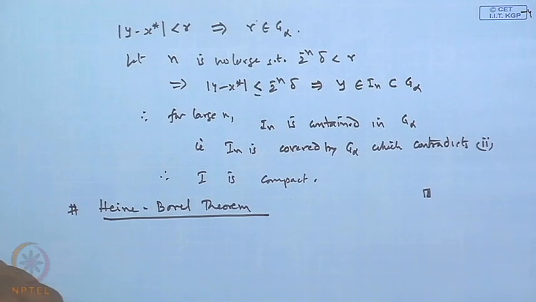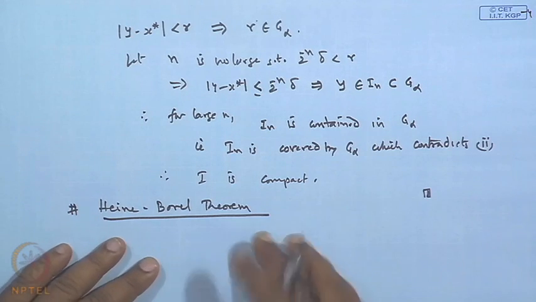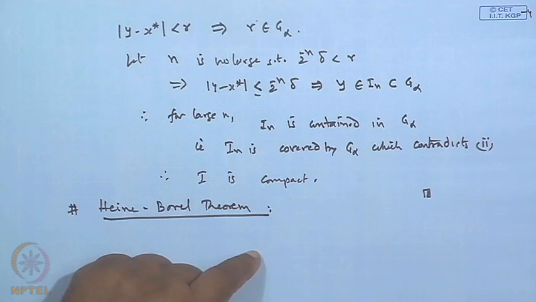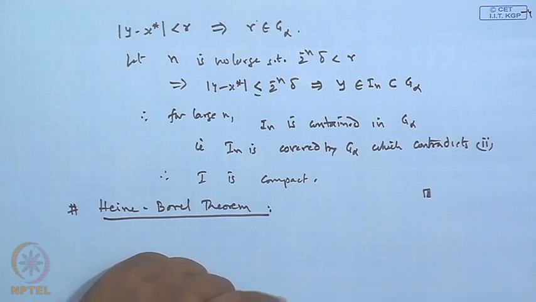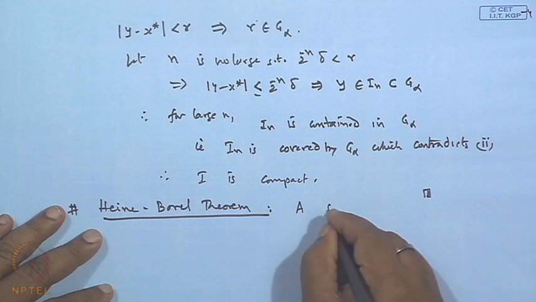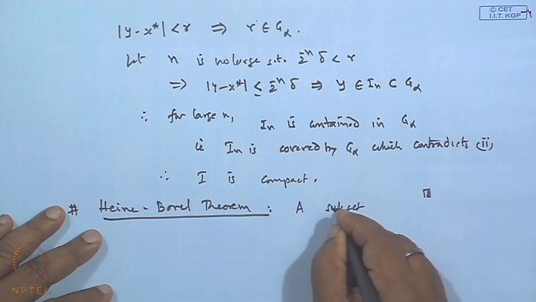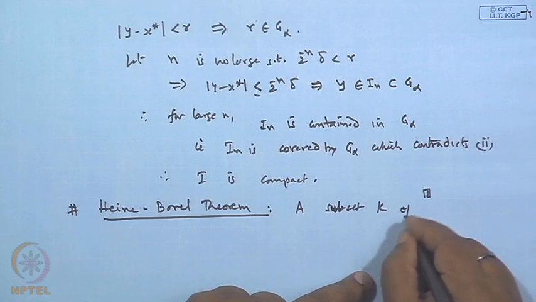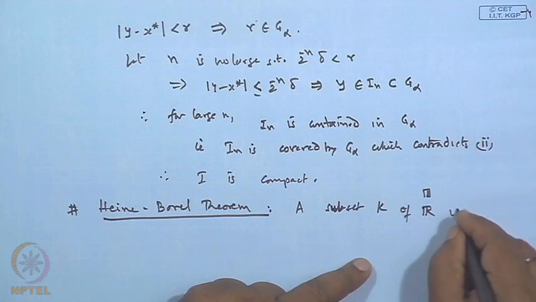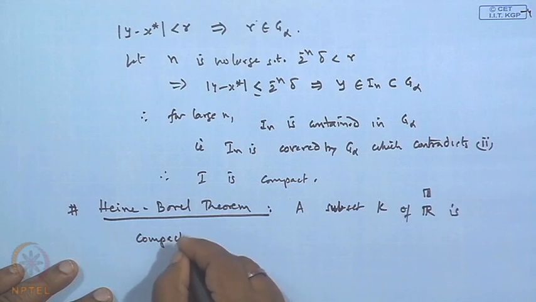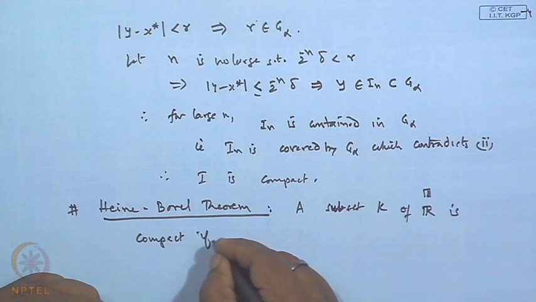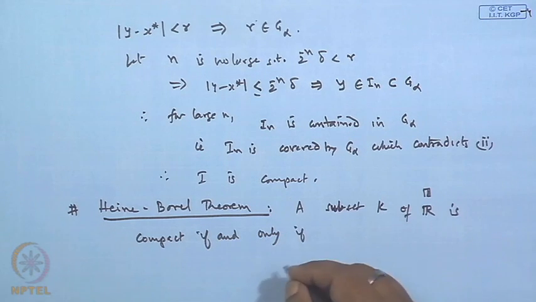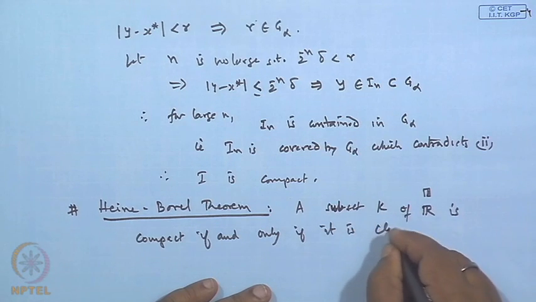The statement of the theorem is: a subset K of R is compact if and only if it is closed and bounded.